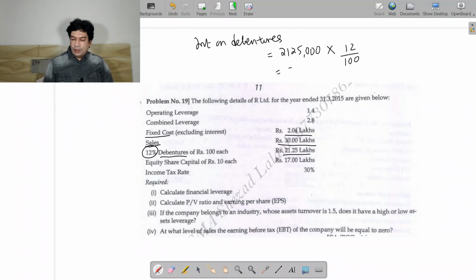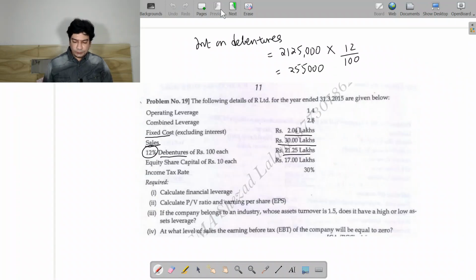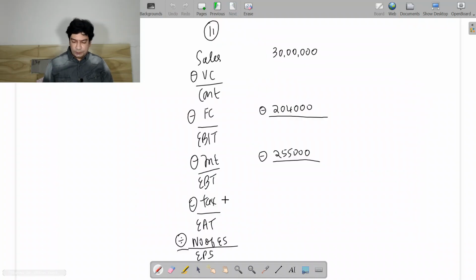So 2,55,000 will be the interest on debentures. So I will write 2,55,000 here as my interest. Then they have given the tax rate to be 30%. So I will write the tax here at the rate of 30%.